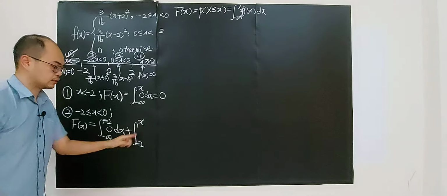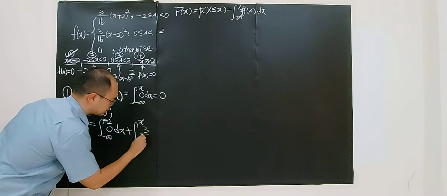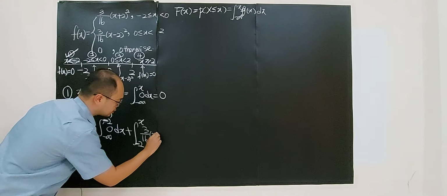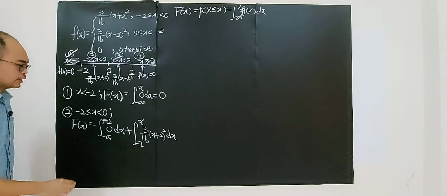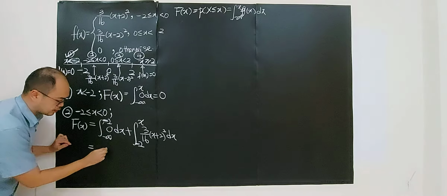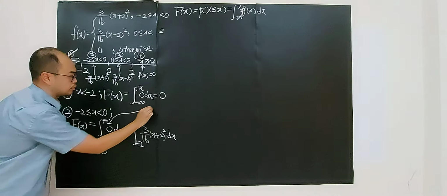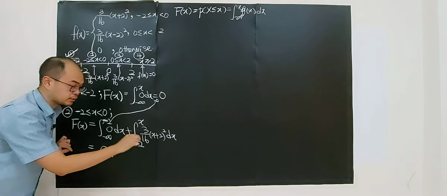That's why we put x. During this interval, your function will be 3 over 16 (x plus 2) to the power of 2 dx. You know that the integral up to -2 is 0, or you can just take the value before, which is 0. Plus the current one, you have to do some integration here.